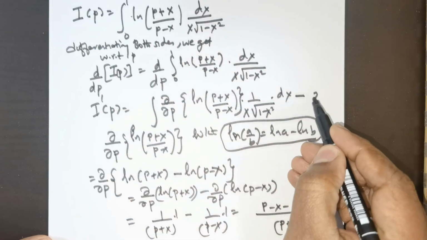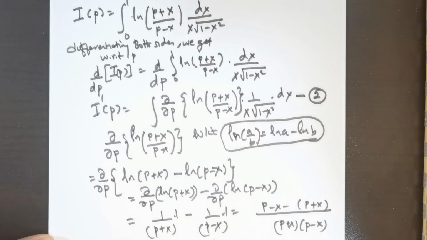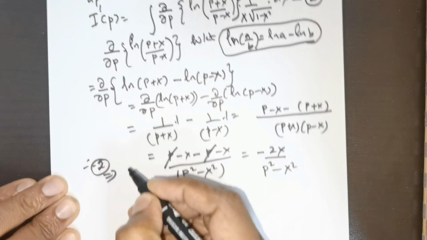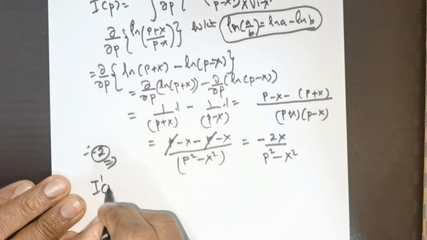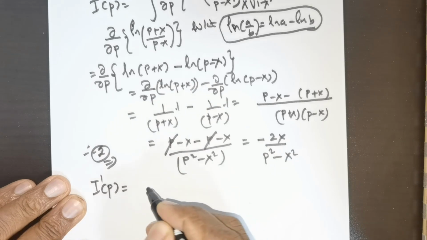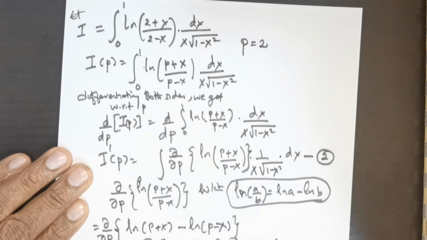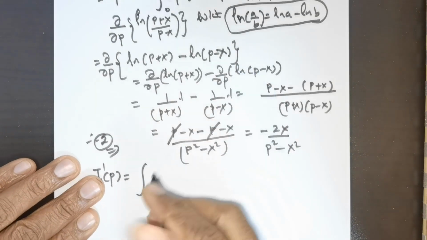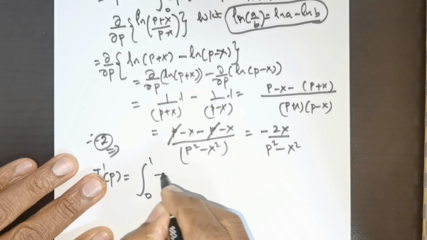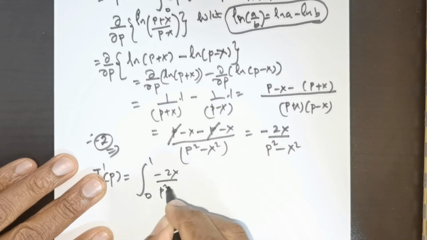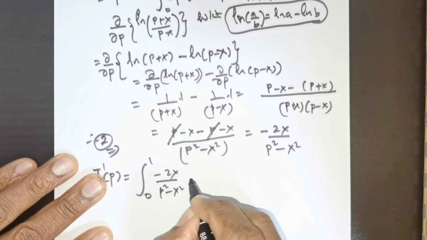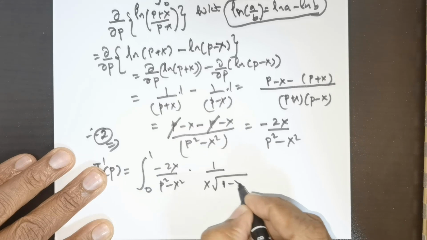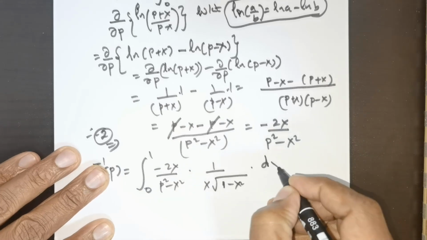So if I take this as, say, equation 2, I can rewrite 2. Therefore, I dash of p is equal to the integral, of course the integration limit is 0 to 1, of negative 2x over p squared minus x squared multiplied with 1 over x times the square root of 1 - x squared times dx.